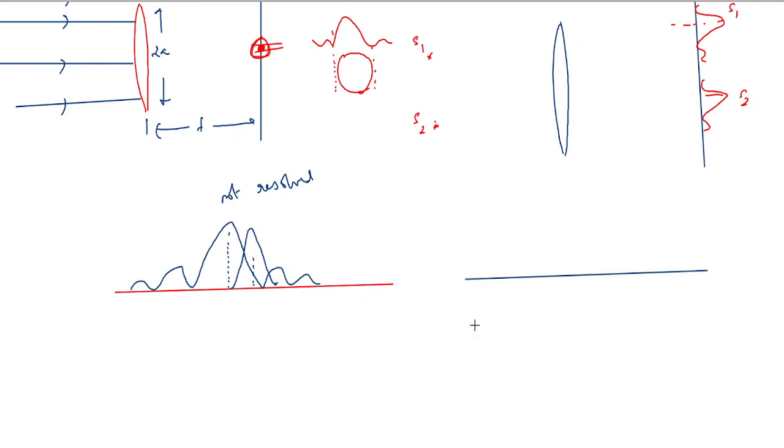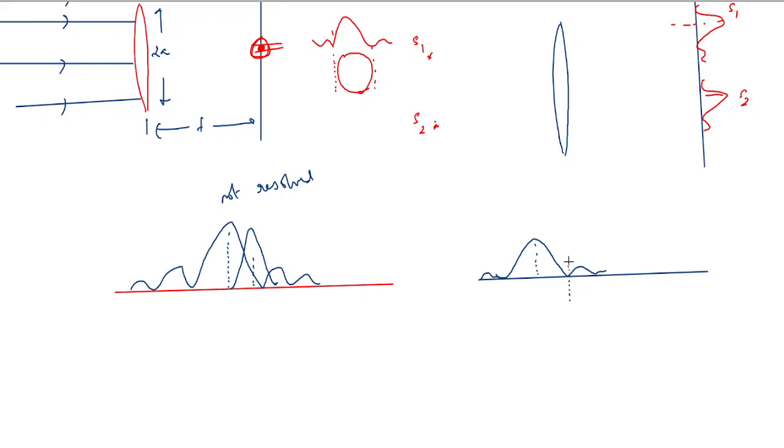Instead of this, if you have a case where the minima of one falls on the maximum of the other, that is something of this kind, you have one pattern like this, and then the center is somewhere here, and this its first minima.